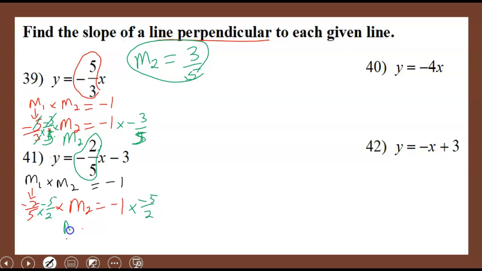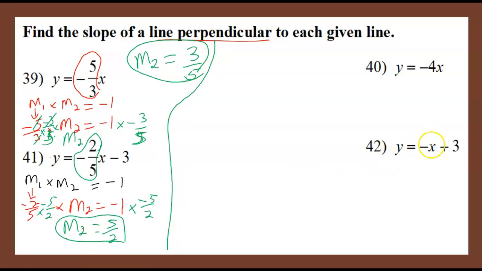So m2 equals 1 times 5 over 2, which is 5 over 2. That's it. Again, the opposite reciprocal of negative 2 over 5 is 5 over 2.